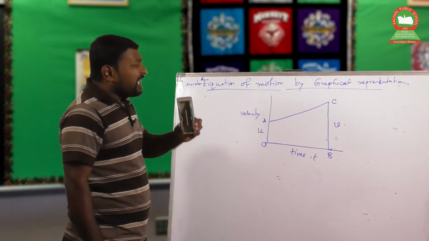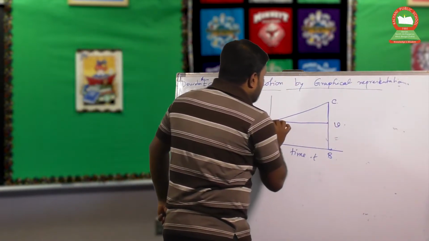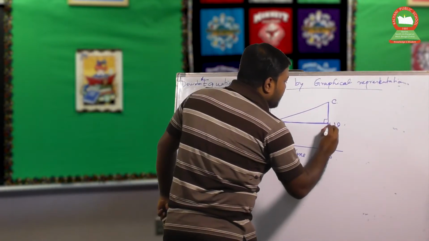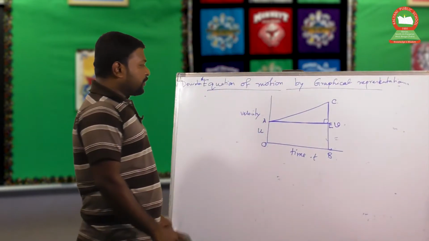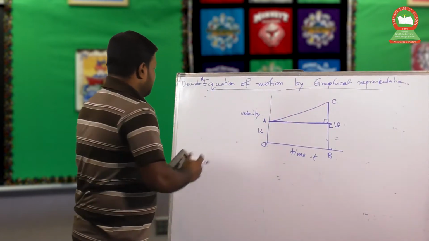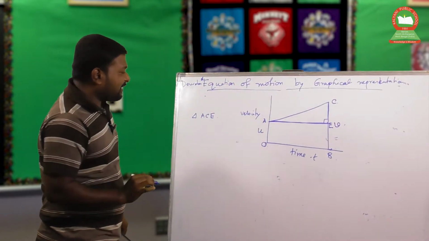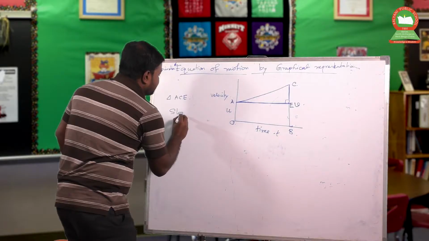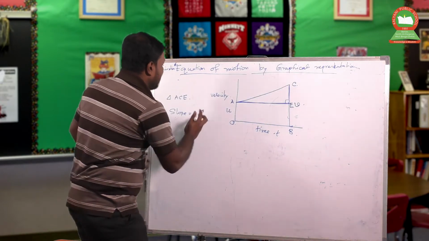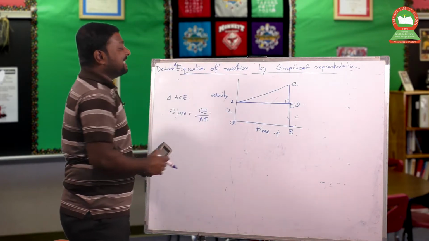Now if we draw a right angle triangle, and this cutting point is referred to as E. So from that graph, for triangle ACE, the slope of that curve, slope is nothing but height by base, and the height is CE by AE, because AE is the base.